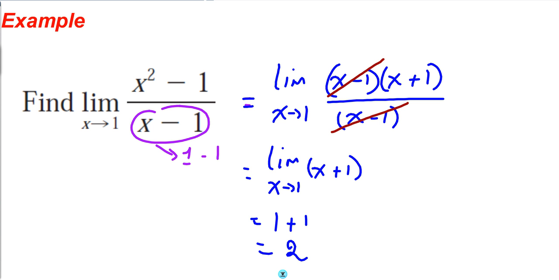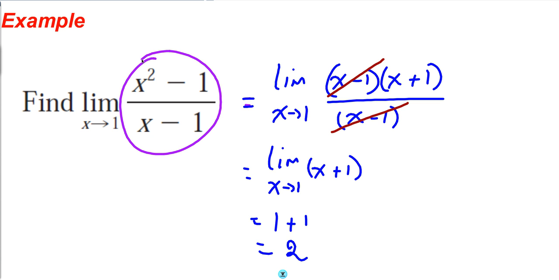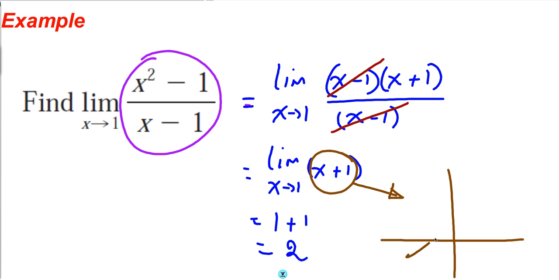Now I want to make a quick note. What is the difference between this function and this function, the simplified version? The simplified version of the function, as we know, is a straight line like that. This point is 1. This is x plus 1.